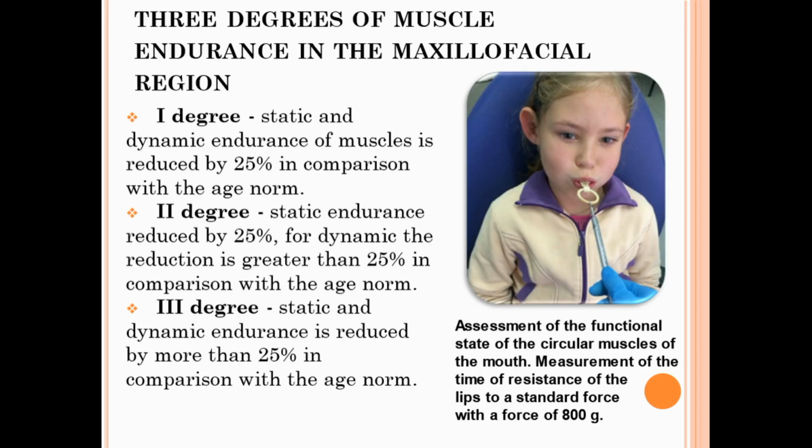The measure of physical activity on the maxillofacial area muscles depends on the age of a child and functional state of his muscles. Therefore, it is always individual, and even between children of the same age, the intensity of performing muscle exercises can be different.